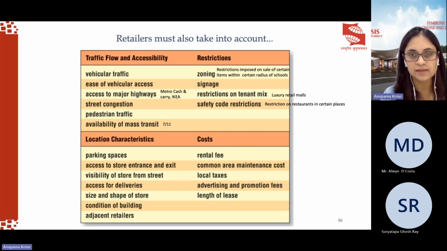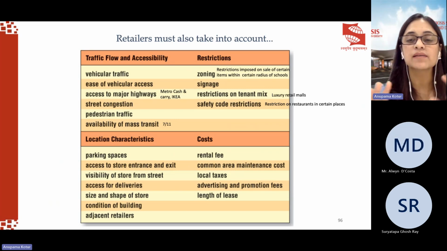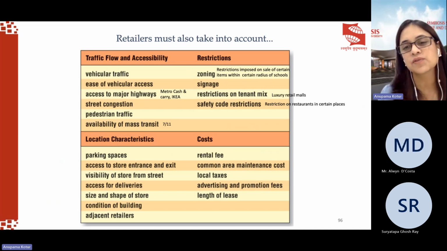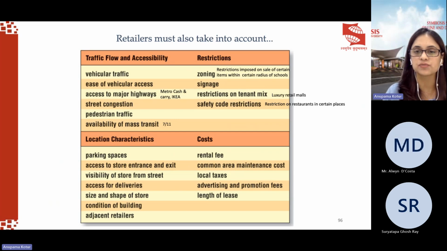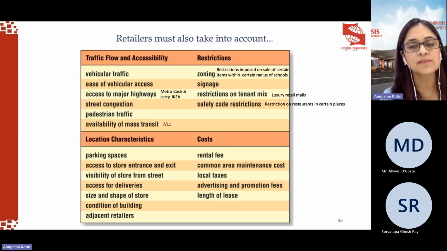That's a zoning restriction imposed by the local authorities that either enables or restricts certain kinds of stores from being operational. And then, there is a mall in Pune, and about 7 or 8 years ago, there was a huge fire on the top floor of that mall.